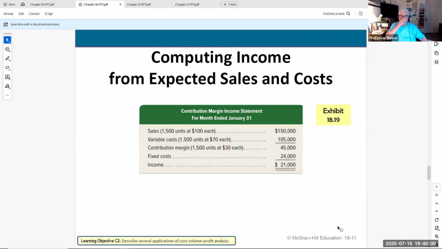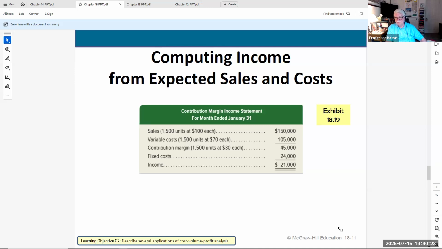So as I said earlier, let's say we had sales for a period of 1,500 units at $100, that's $150,000. We know our variable costs are $70, so if we sold 1,500, there's $105,000. Thus, we're making a contribution margin, the difference between variable and retail, of $45,000.